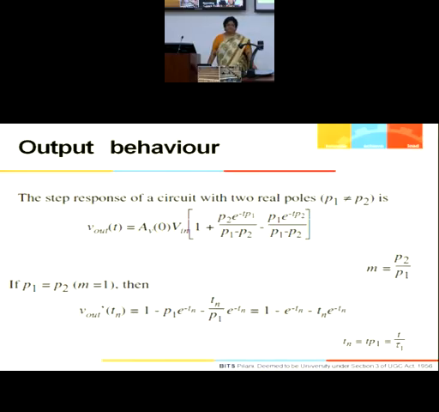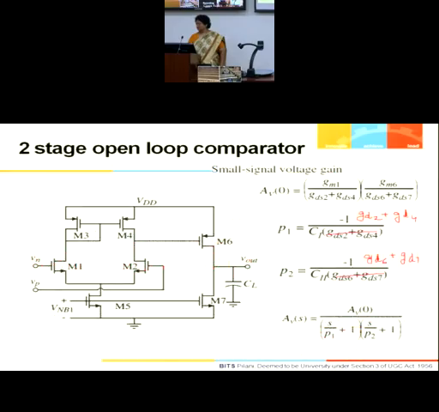Remember, the transfer function gives you VO(s) upon Vin(s). You have to convert s to t, moving again from the frequency domain to the time domain. We know the technique. Laplace transformations are known to you. You take the inverse Laplace transformation of this, and then VO(s) upon Vin(s) will get converted to VO(t) upon Vin(t).